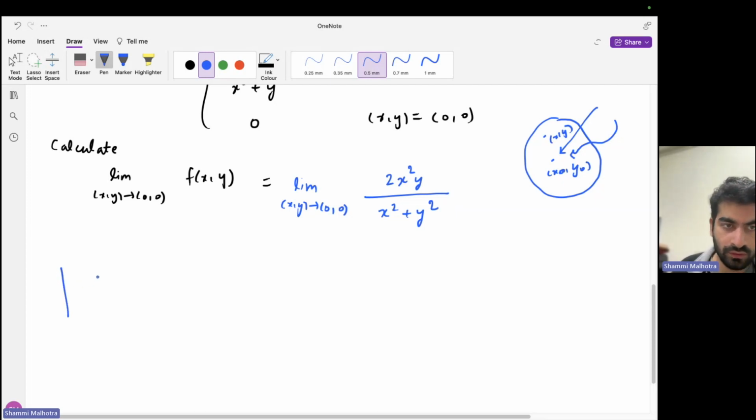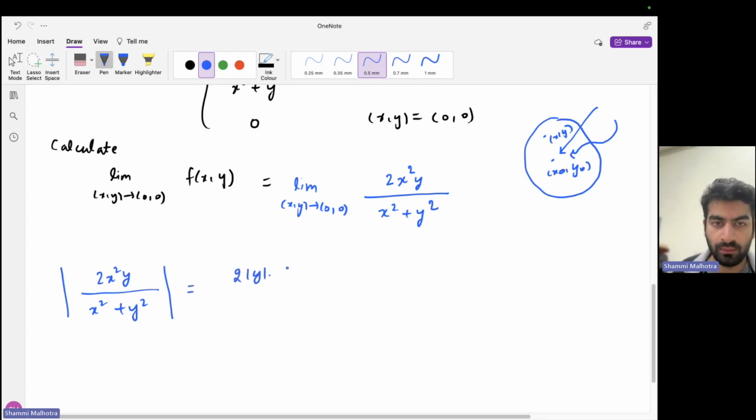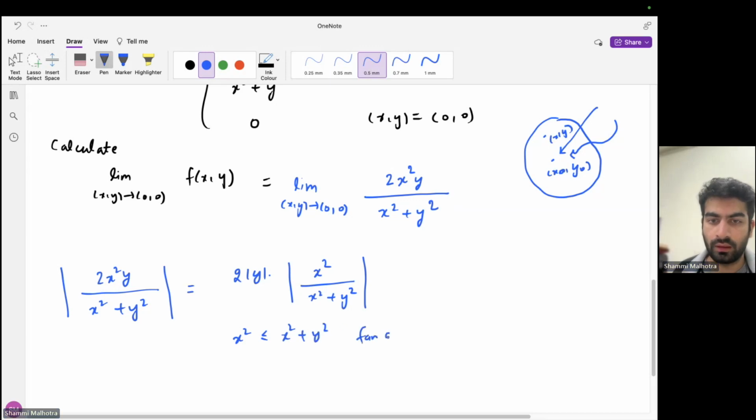So let us consider the function 2x square y divided by x square plus y square. I can write this as twice mod y times mod of x square, divided by x square plus y square. Now what I can observe is that x square is always less than or equal to x square plus y square for any (x, y) belonging to R2, and this is also greater than or equal to 0.